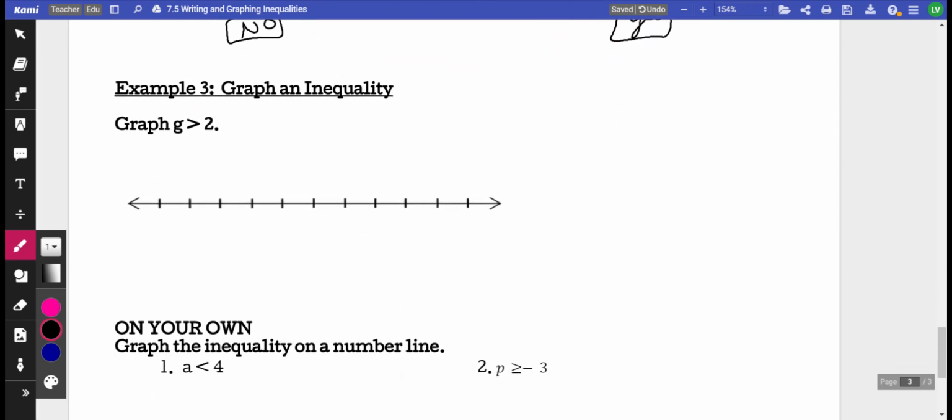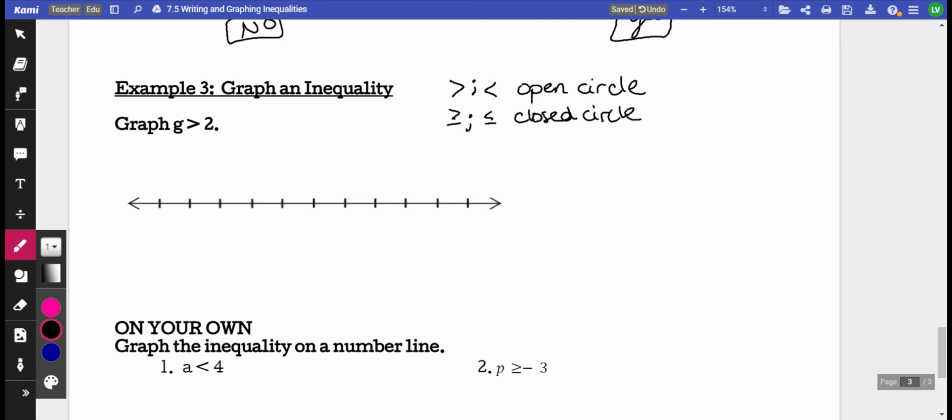Example 3, graph an inequality. I want to graph g is greater than 2. Well, as a reminder, if you have a greater than or less than, you have an open circle. If you have a greater than or equal to, or less than or equal to, that is a closed circle.